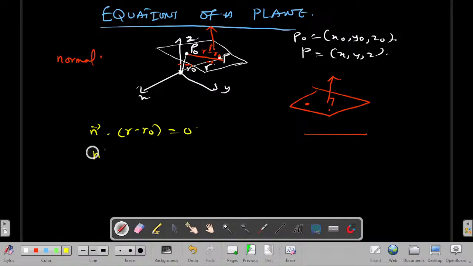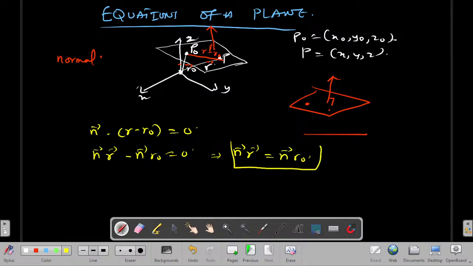Therefore, n dot r minus n dot r naught should be equal to 0. So here you can say that n dot r should be equal to n dot r naught. And that is the vector equation of a plane.